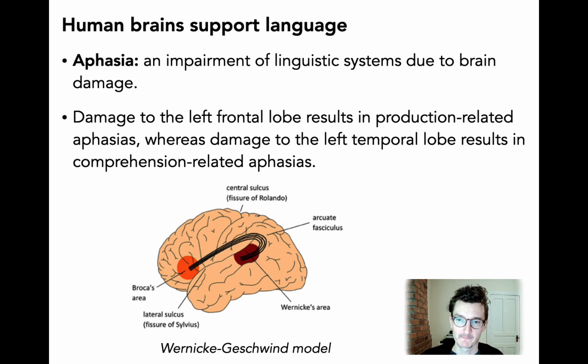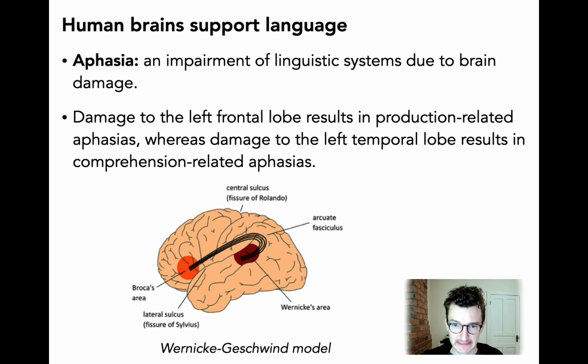So his patient wouldn't have been able to, for instance, sign. So we see that there seem to be brain areas that support both the production and the perception of language. And there's actually a term for people who suffer brain damage that results in an impairment of the linguistic system, an impairment in their ability to use language, and we call that aphasia.